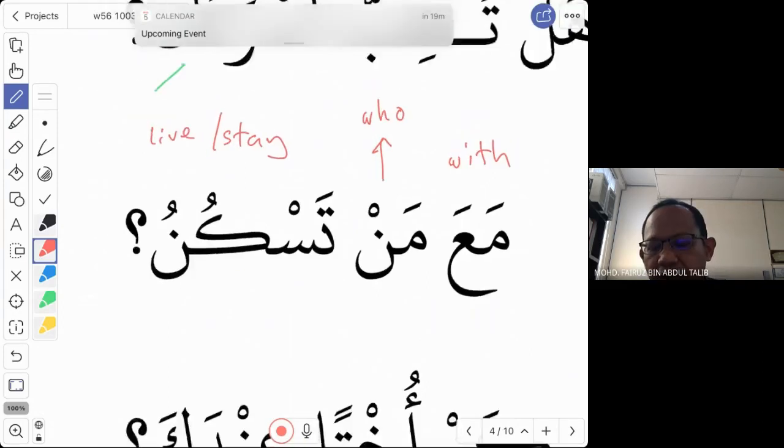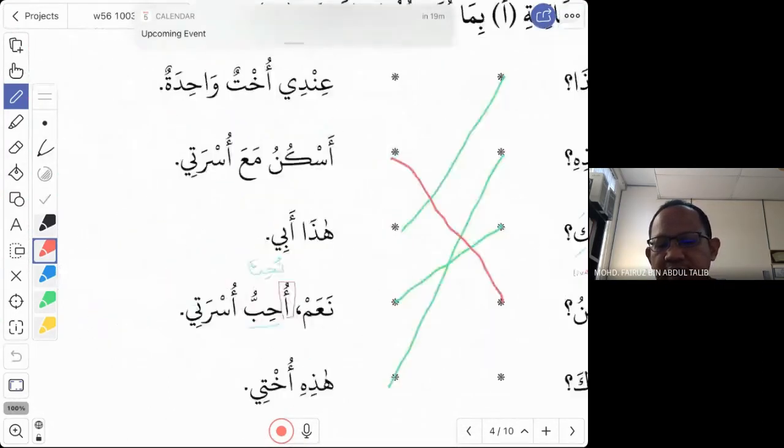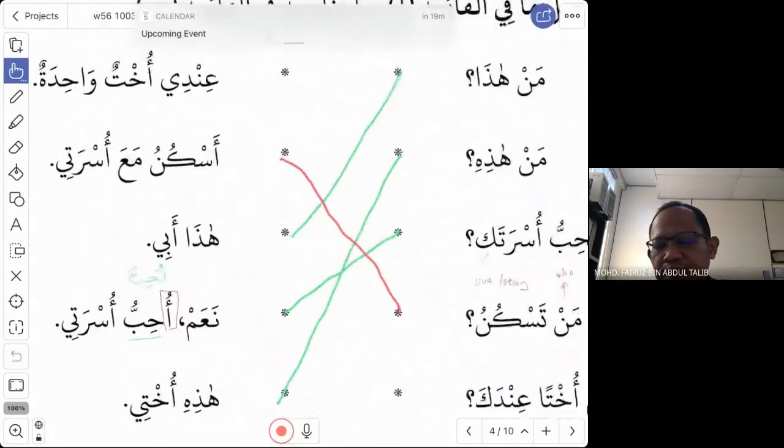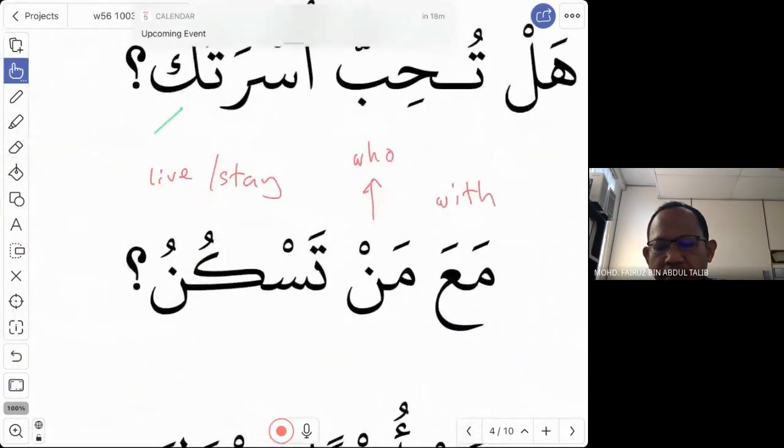Ma'a man taskunu. Now you want to say I stay, and the answer says askunu. You look at the words askunu and taskunu. This is the same word. Just now, how did I translate this word? With whom do you stay? So this ta is for you.